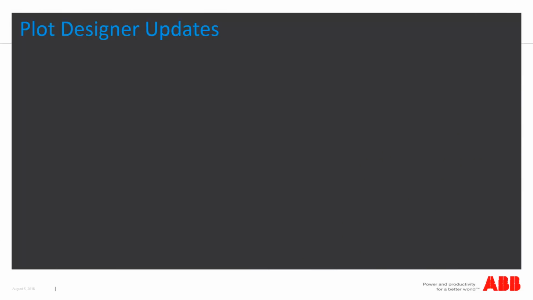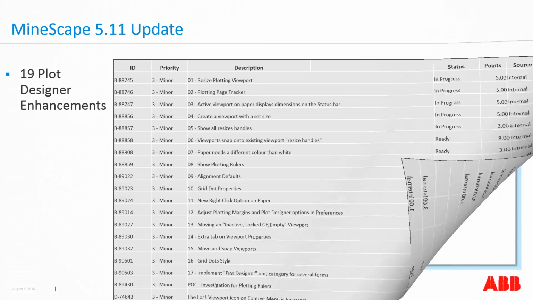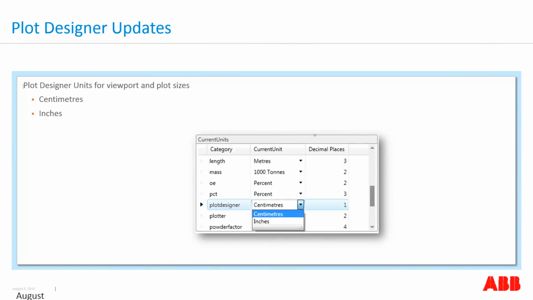Plot Designer updates. We made some significant updates to Plot Designer in 5.11. We've basically added in 19 Plot Designer enhancements that are listed here, but we'll go over those in just a moment. Plot Designer units for viewport and plot sizes is a new unit category for MineScape.